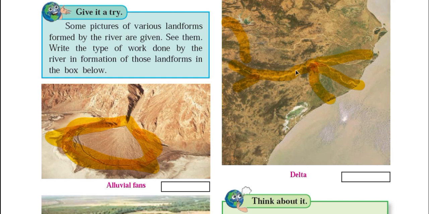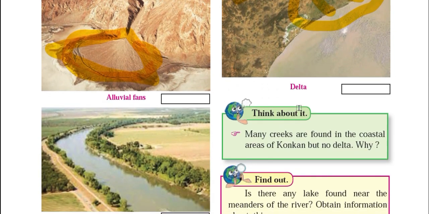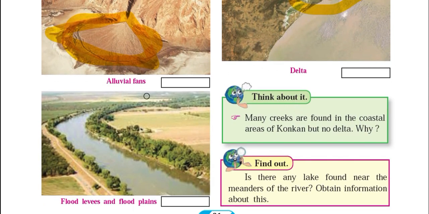That's why these distributaries get formed, and you can observe this delta region in different parts of India. Like all the east flowing rivers in India, Godavari, Krishna, Kaveri, Mahanadi, they all form deltas. Remember this. So in this way we have discussed the erosional, depositional and transportational landforms of a river.